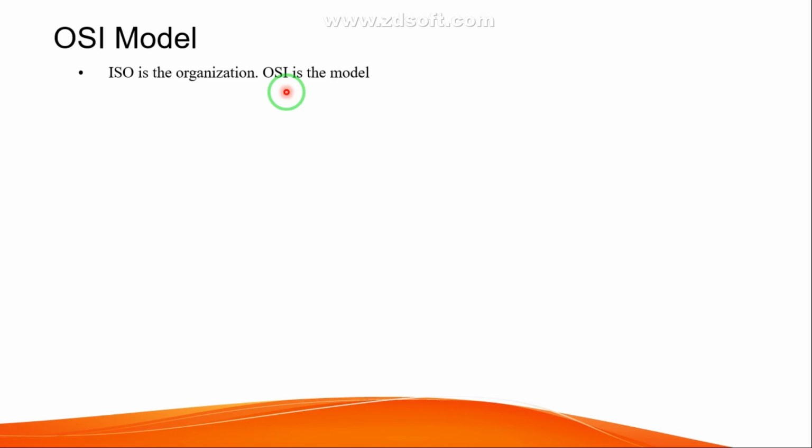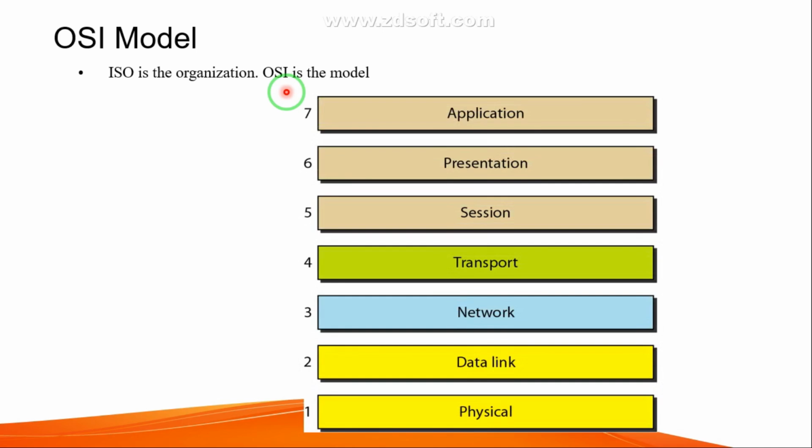Whoever the vendor or manufacturer may be, it is a set of protocols that allows these two different systems to communicate without requiring any changes to the logic of the underlying hardware or software. So OSI is not just a protocol. It is a model for understanding and designing a network architecture that is flexible, robust, and interoperable.